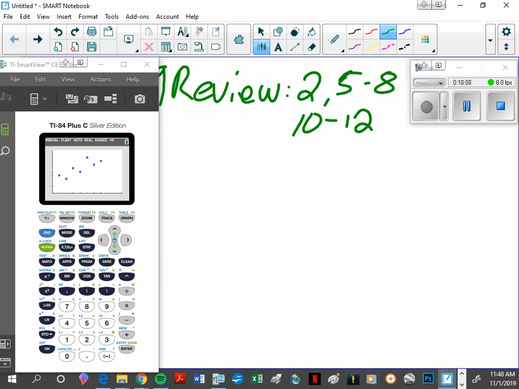In a study of 2005 math SAT scores, the Educational Testing Service computed the average score for each of the 51 states, that includes DC, and the percentages of the high school seniors in that state who took the test. The correlation between the two variables was equal to negative 0.84.